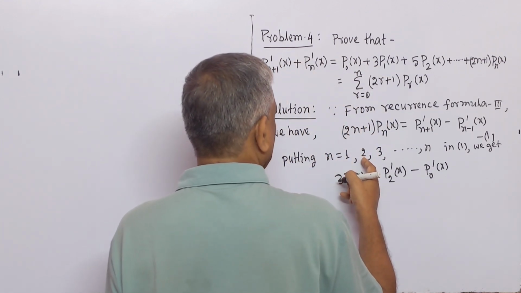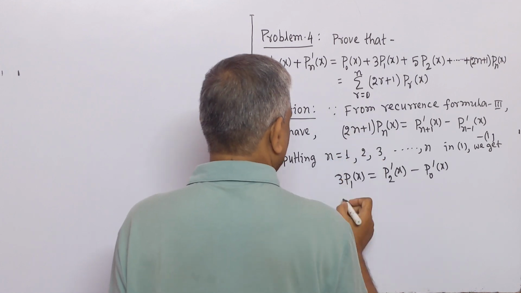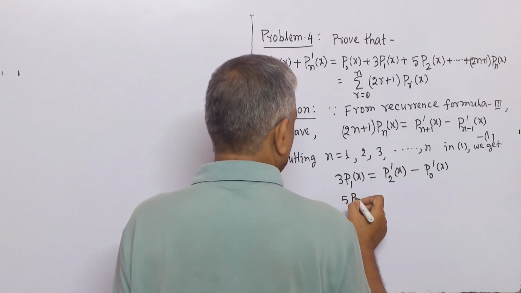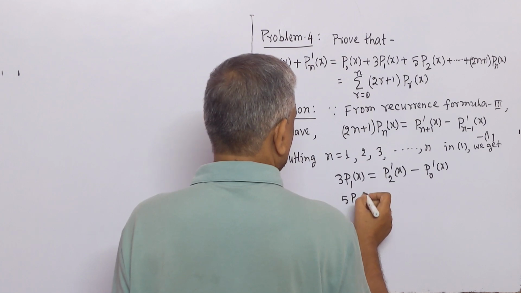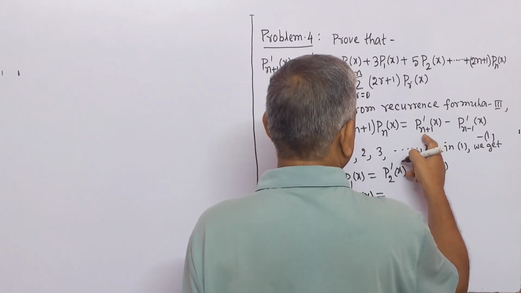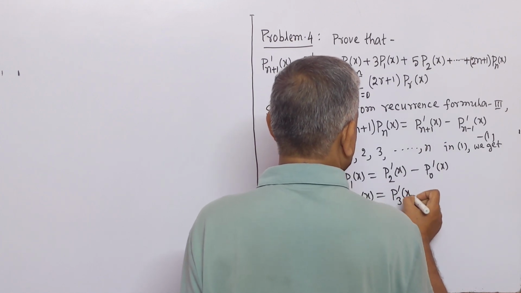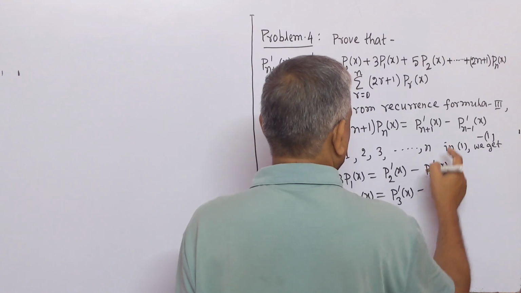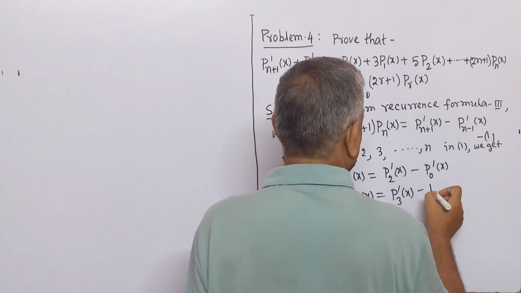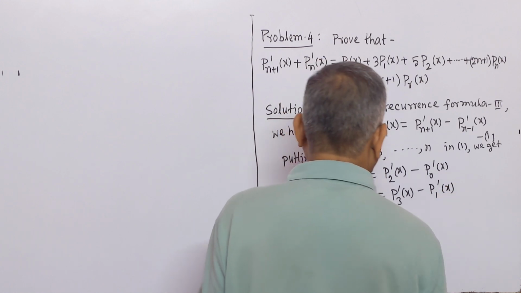Now putting n equal to 2, 2 multiply 2, 4 plus 1, 5: 5 P_2(x) = P_3'(x) - P_1'(x).